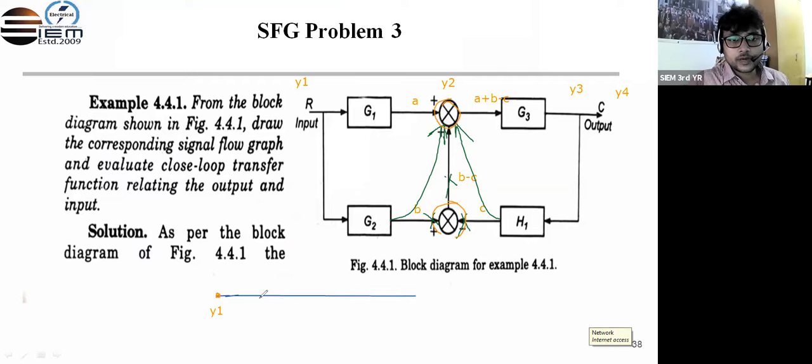From y1 to y2, you can directly consider this as A, no problem, and another value like this, this is G2, and this is G1, this value is G1, okay, and this is y2.